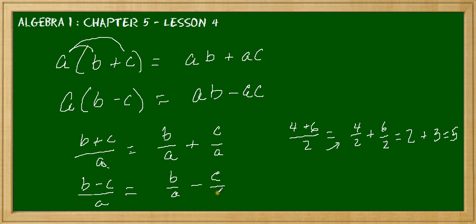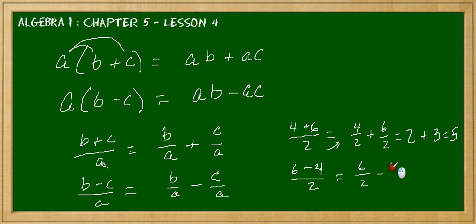And again, if we did the same over here, I guess we would probably want to use a positive number. Let's say 6 minus 4 over 2. Well, 6 minus 4 over 2 would be 2 over 2, which would be 1. Well, what if we applied our distributive property of division?